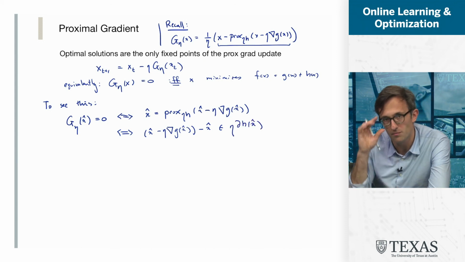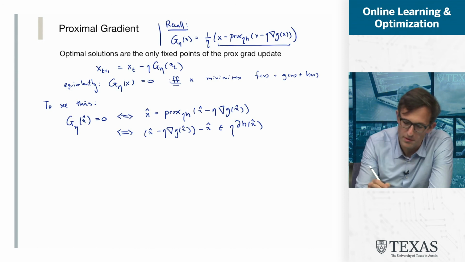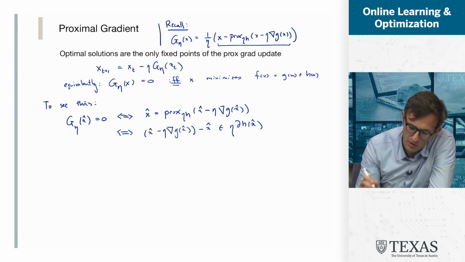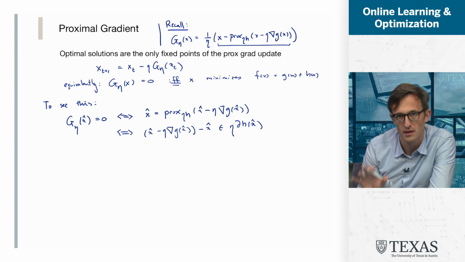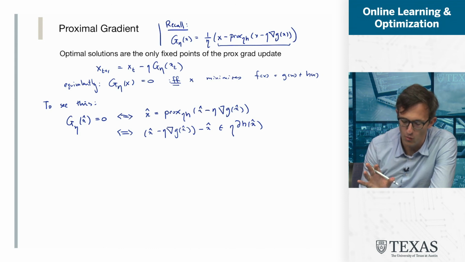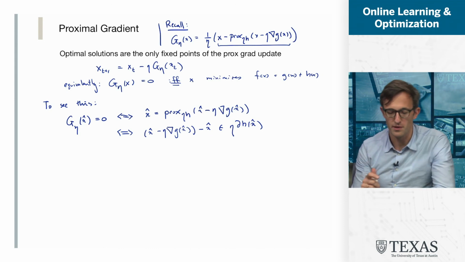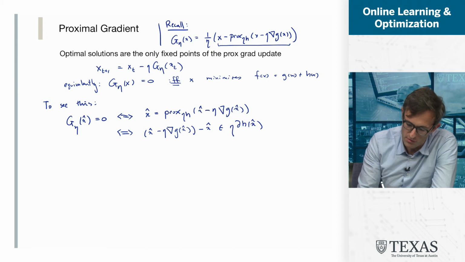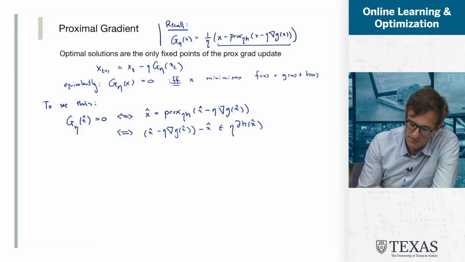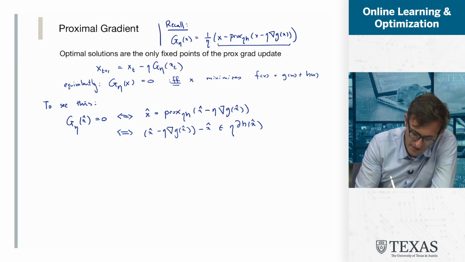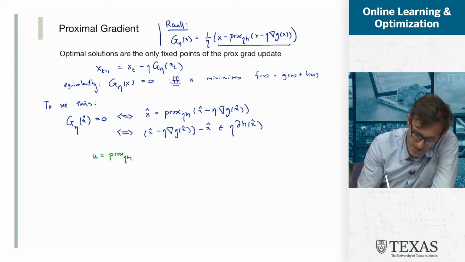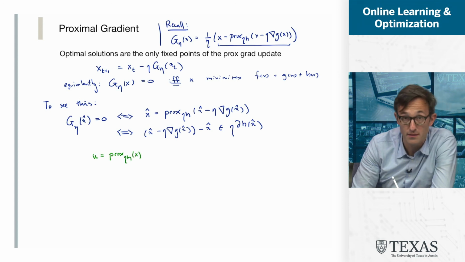Where did that come from? This is important. Again, these are simple computations, but there's so much notation that it's important to make sure that we're understanding and getting the intuition of the flow here. Just remember what we had derived on the previous slide, that u is equal to prox_{eta h} of x.